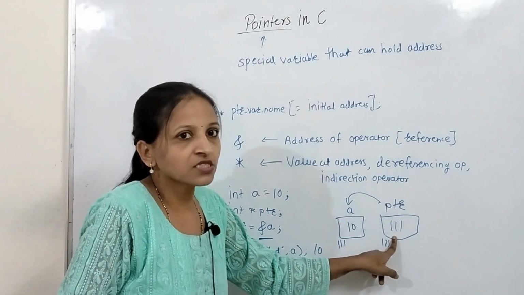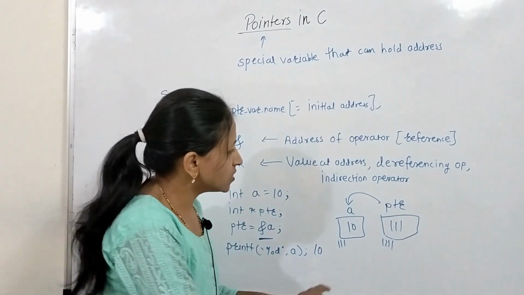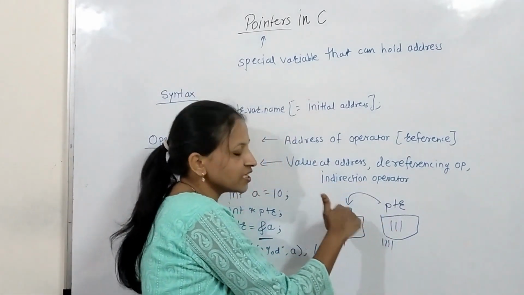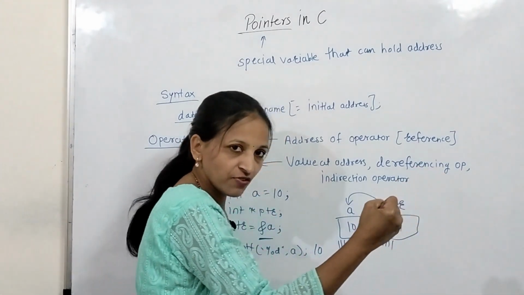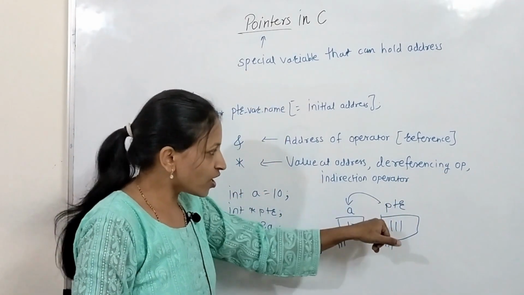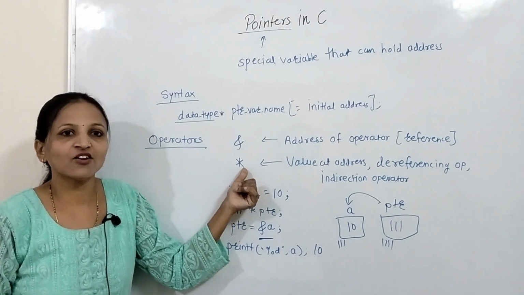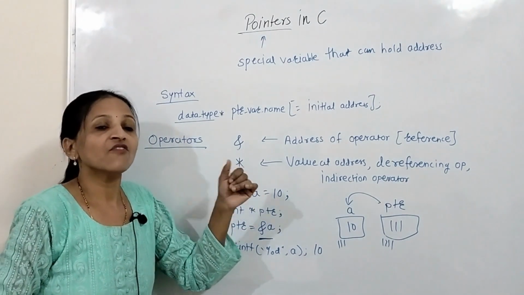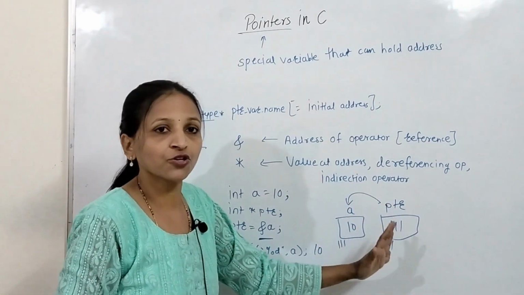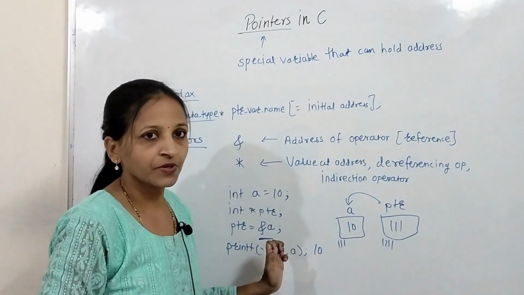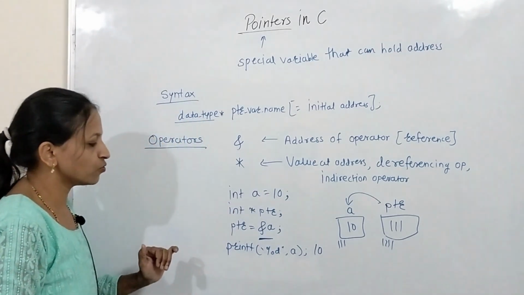It is possible. See, this ptr is pointing to a, meaning using this ptr we can fetch the value of a, and for that we have to use the star operator, that is nothing but the value at address operator, or you can call it an indirection or dereferencing operator. Now see how we can do that.